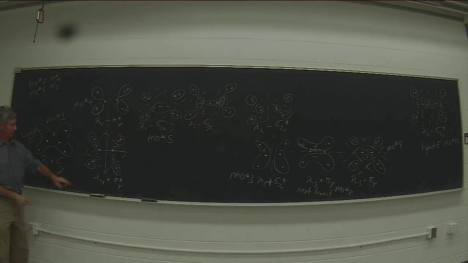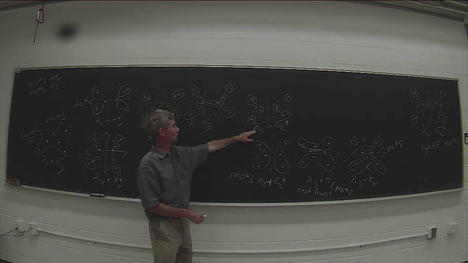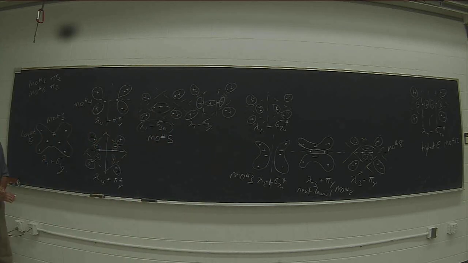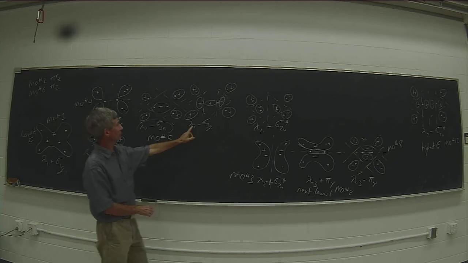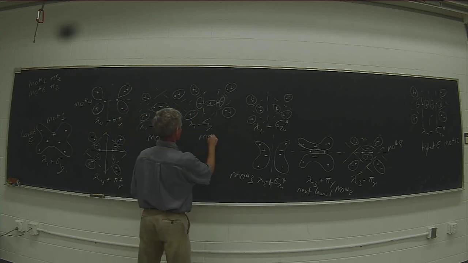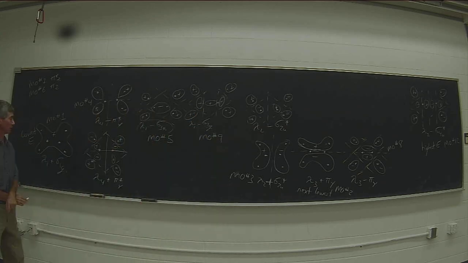So then we're left with lambda 4 plus pi star y, lambda 1 minus sigma 3e, and lambda 2 minus sigma 2u star. We've got to rank those in general order. This one's got a little bit of bonding character that the others don't, which will lower its energy a little bit relative to the others.